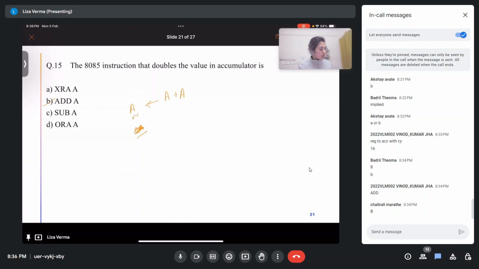I have not cleared that part. Okay, so you have a doubt about how chip selection is done? Is that clear?